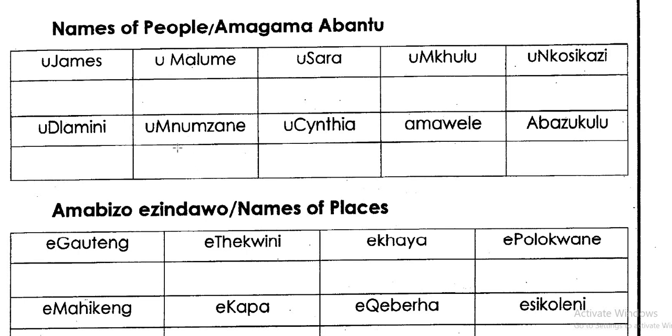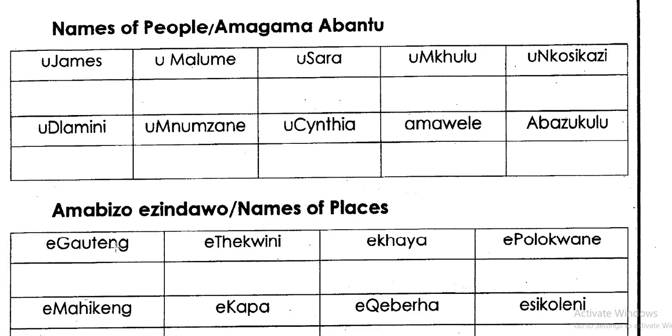Unumzane is Mr. Cynthia will remain as Cynthia. Amawele, twins. Abazukulu, grandparents.